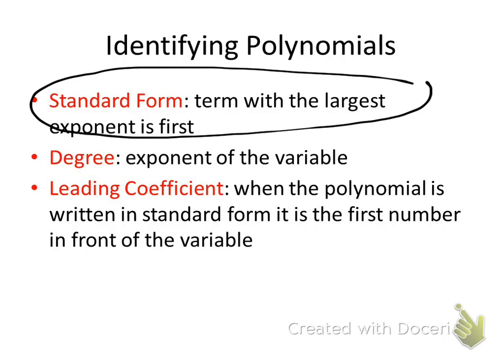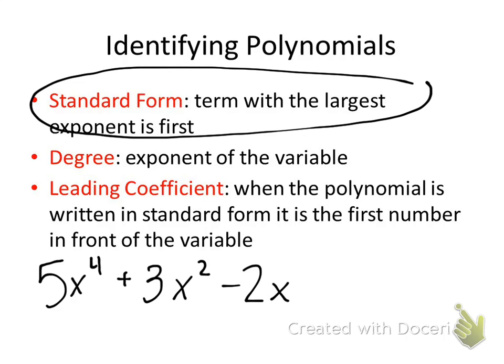So if I had something like 5x to the 4th power plus 3x squared minus 2x to the 3rd power plus 7, I need to write this in standard form, okay? Because this is not in standard form. Standard form tells me the term with the largest exponent has to go first, and then it has to get smaller every time after that.